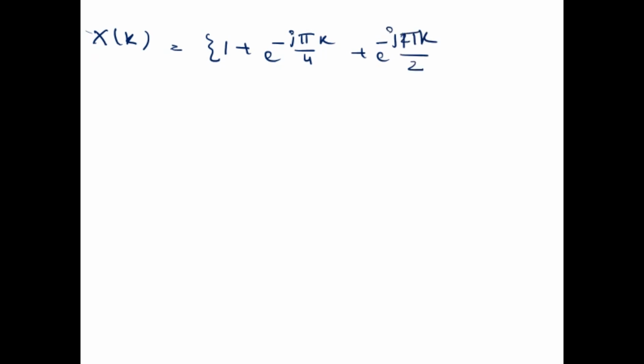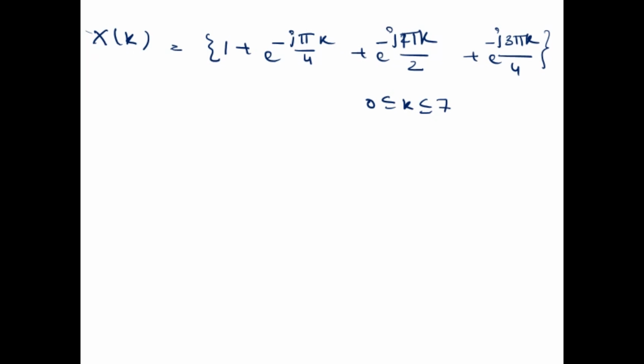the x of k equation becomes x of k is equal to x of 0, which is 1, plus e power minus j pi k by 4, plus e power minus j pi k by 2, plus e power minus j 3 pi k by 4, with k varying between 0 to 7.